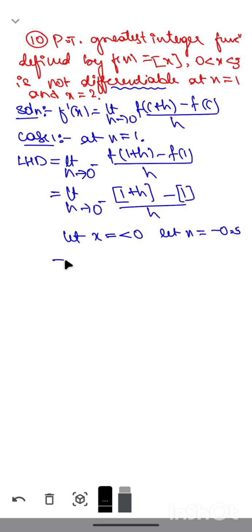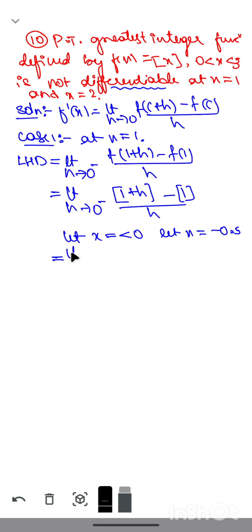First, we are replacing the value by minus 0.5. So 1 minus 0.5. If I take the value of h as minus 0.5, we get the greatest integer value of 1 minus 0.5.